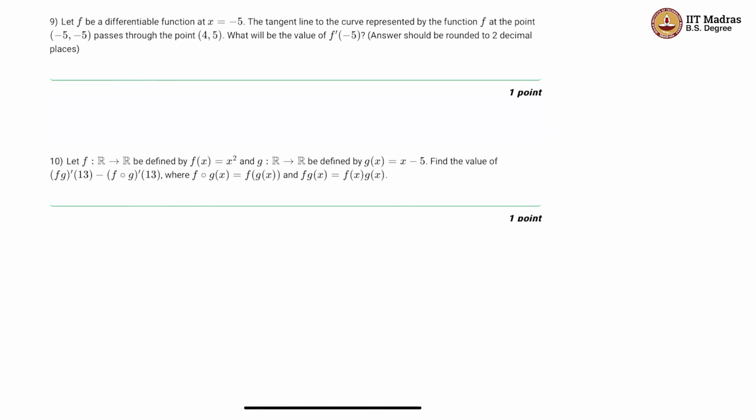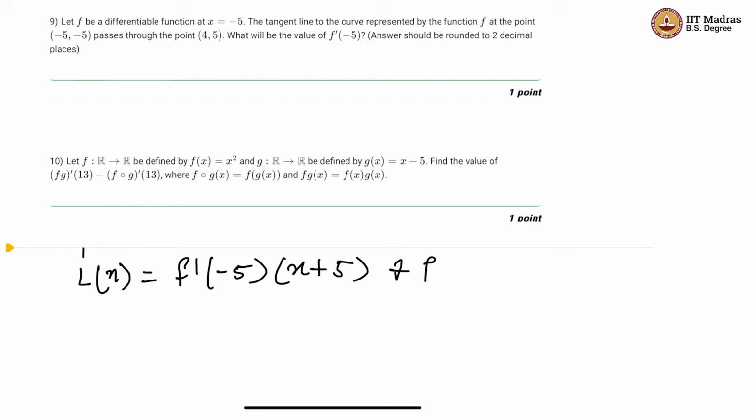Okay, so at minus 5, the tangent line, suppose L of x, will equal f dash of minus 5 times (x plus 5) plus f of minus 5, right?